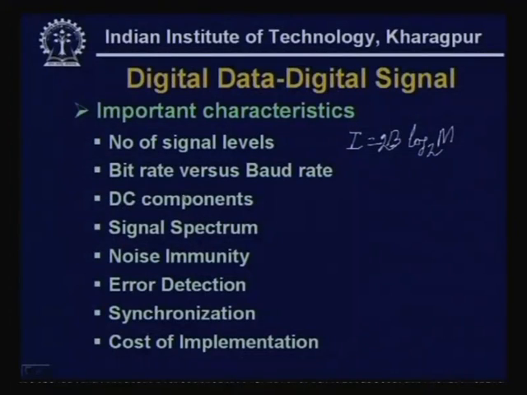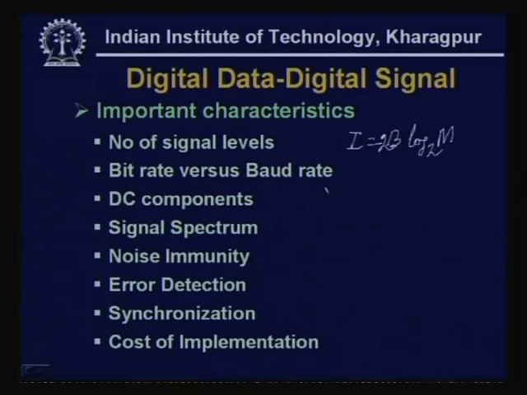Then comes the question of bit rate versus baud rate. As I have explained in the last lecture, the bit rate is essentially the data rate at which the signal is transmitted. On the other hand, the baud rate is essentially the number of signaling elements. The number of signaling elements used can be more than the data rate, or can be less than the data rate.